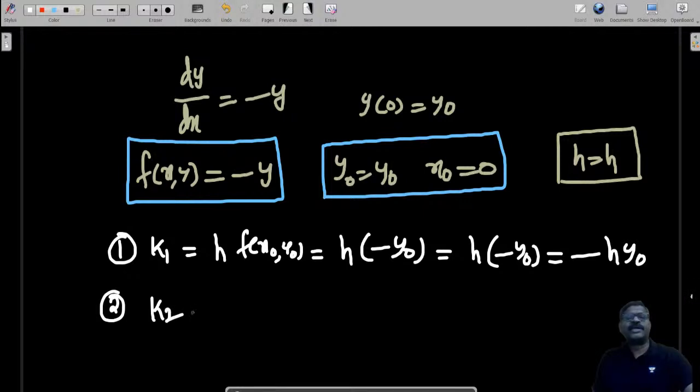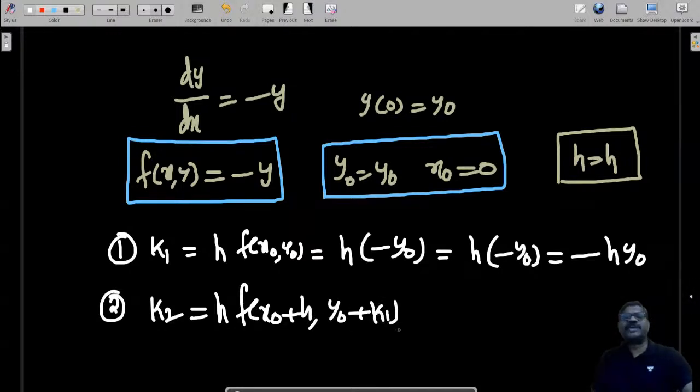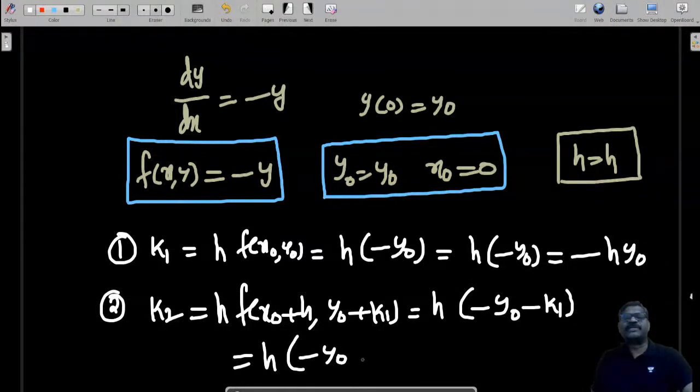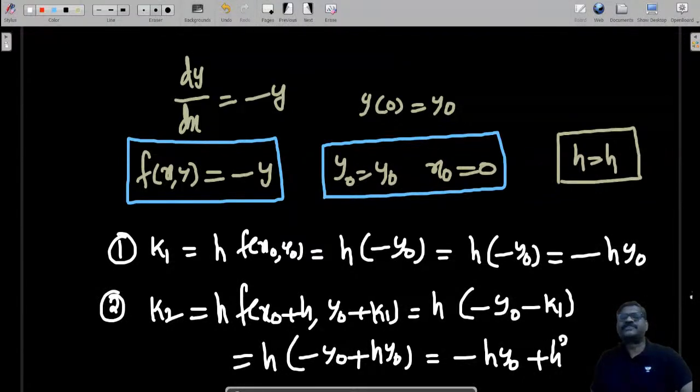Step 2, K2 is h of function of x naught plus h, y naught plus k1, that is h of minus of y naught plus k1, that is h of minus y naught minus k1, which is plus hy naught, that is minus hy naught plus h square y naught.